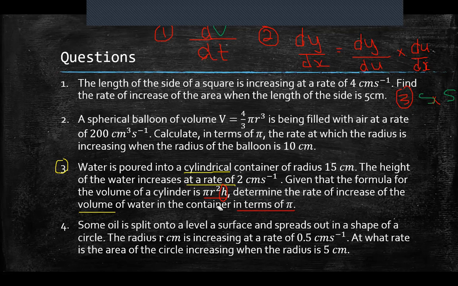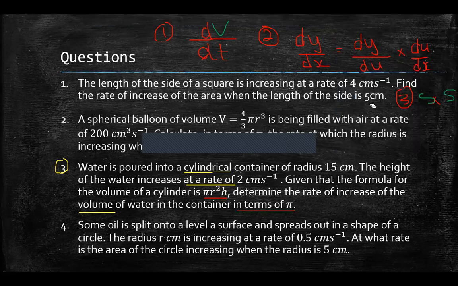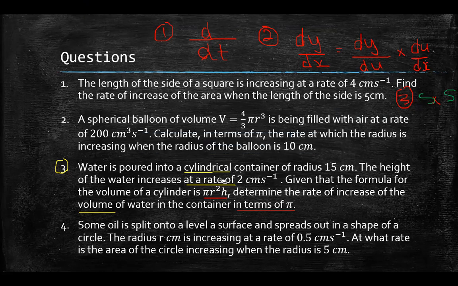This is very important because if you don't write it in terms of pi, you can lose up to 2 marks just because your final answer isn't in terms of pi. Okay, so you don't want to lose those marks. Right. We said when you're doing rates questions, there are 3 different things you need to note. So the first one, wherever you see rate, at a rate of, it's automatically on dt, right?